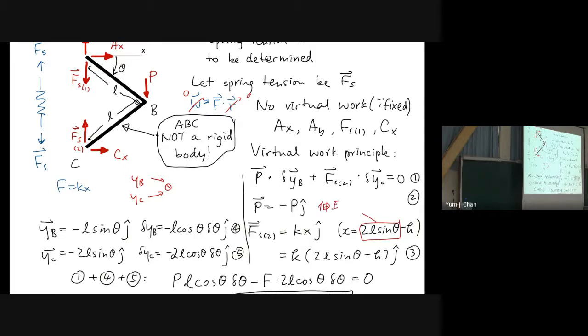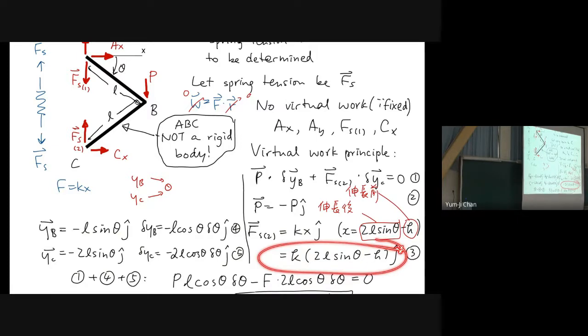This one is the length now, 2L sine theta. And this one is the original length, before we put force T onto the spring. So we put it there.